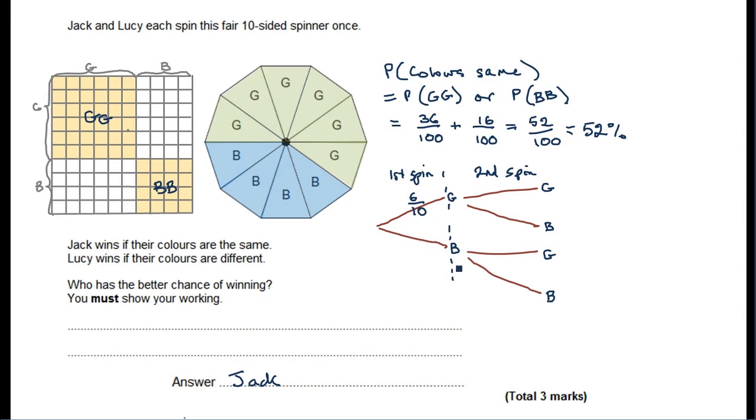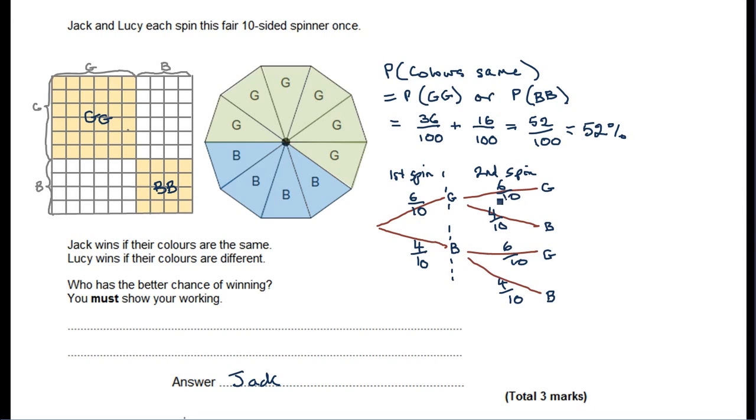So we've got 6/10 as our first probability, and the complement of that is the chances of it coming up blue, 4/10, 4 out of 10. In the second spin, we've got the exact same numbers, 6/10 and 4 out of 10. By the way, a check here is to add these together, and they should equal 1, which they do. And again, we've got 6 out of 10 and 4 out of 10 on these branches here.